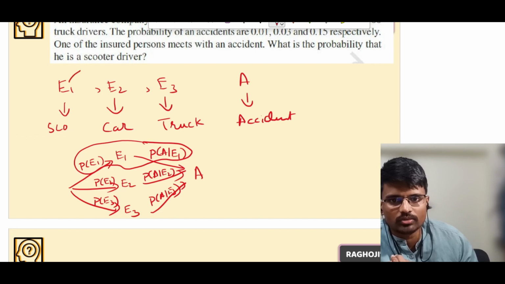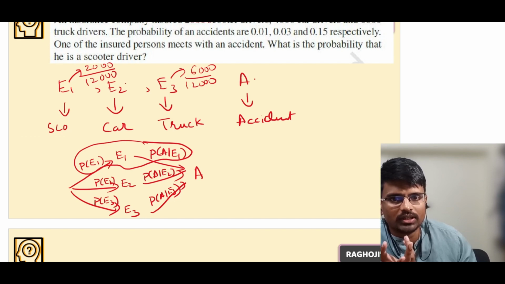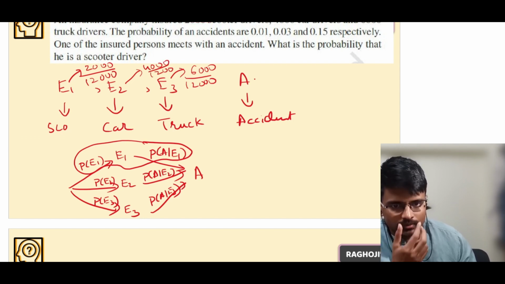So here I'll just tell you what is probability of E1. E1 is 2000. So you have 2000 scooter drivers. Total drivers are 2000 plus 4000 plus 6000, which is 12,000, right? Probability of E2 is 4000 divided by 12,000. And probability of E3 is 6000 divided by 12,000.